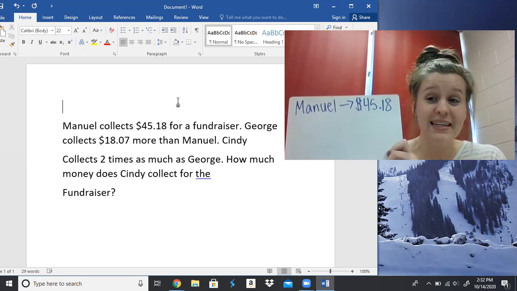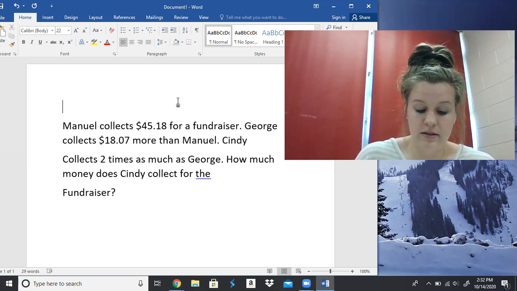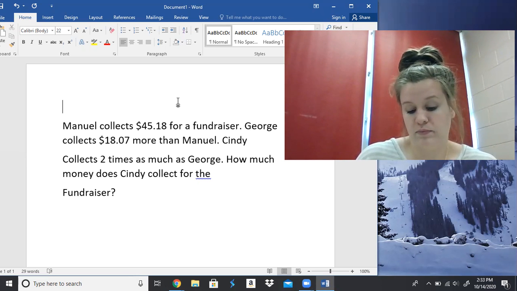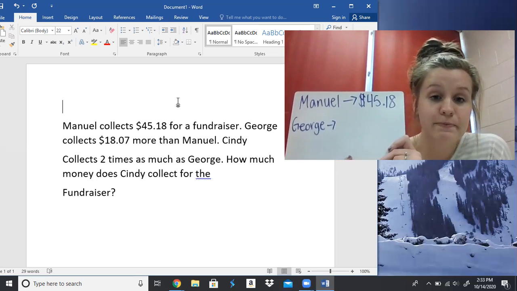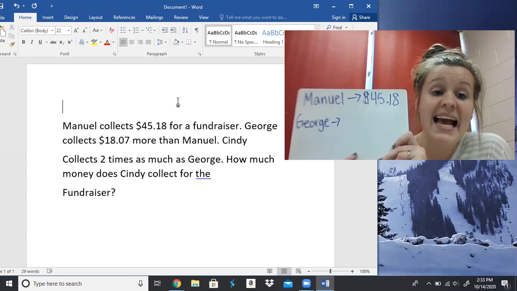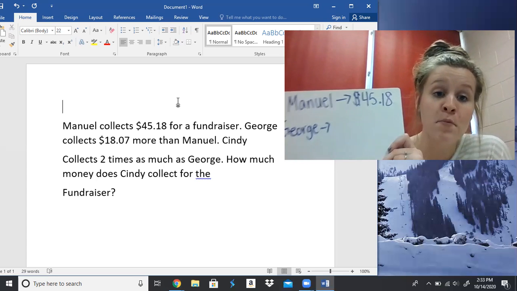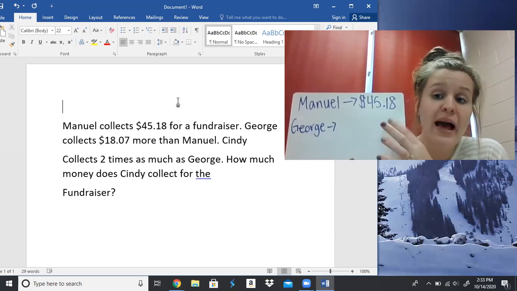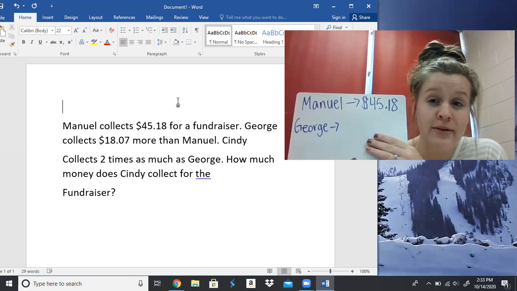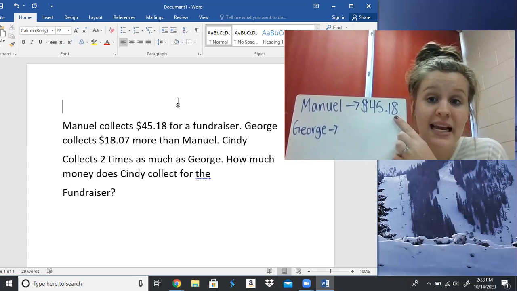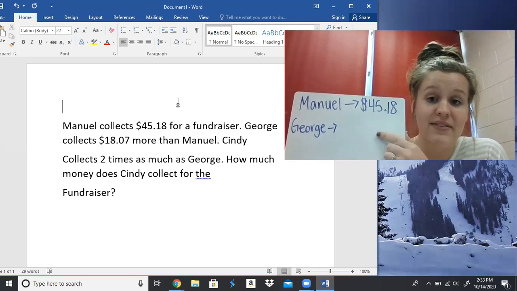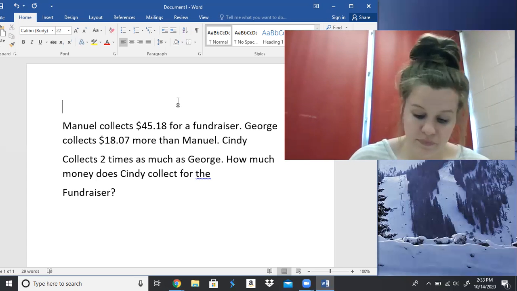Okay, how much money did George collect? He collected $18.07 more than Manuel. So how are we going to find that total amount George collected? That's right, guys. We're going to take Manuel's money and add $18.07 to find out how much George collected. So I'm going to write that equation right on our board.